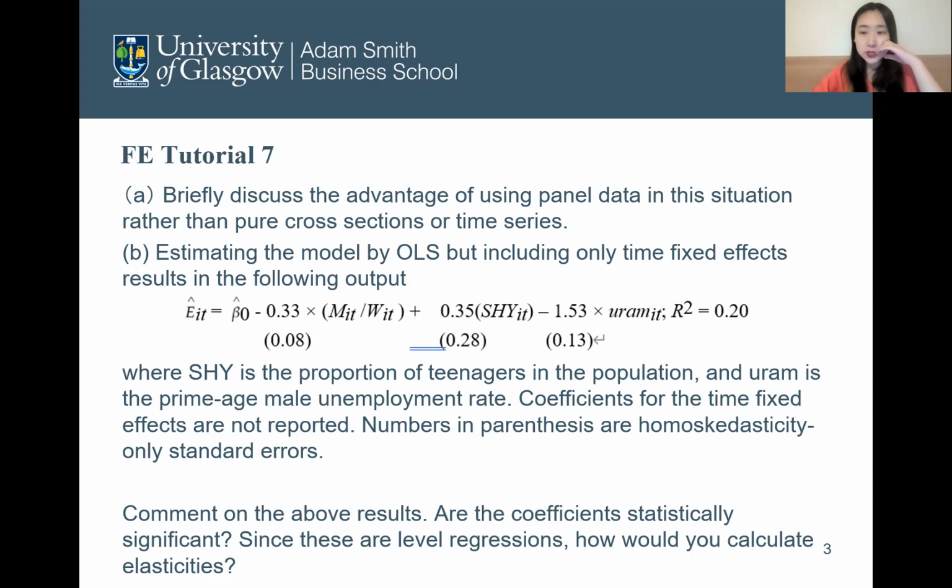So this is called panel data, while time series is only data ordered by time.